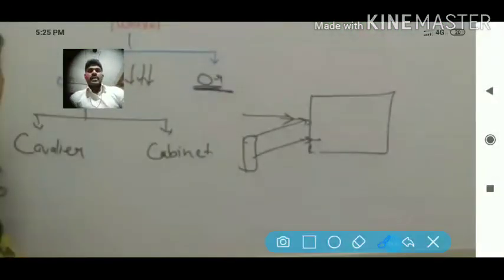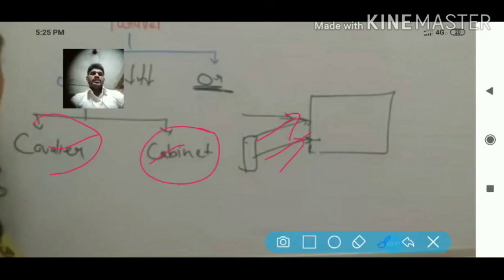I already told these lines are inclination lines, not perpendicular lines, just inclination lines. That's why this is again classified based on this character. These are inclination lines towards the screen or view plane. Again, cavalier and cabinet.